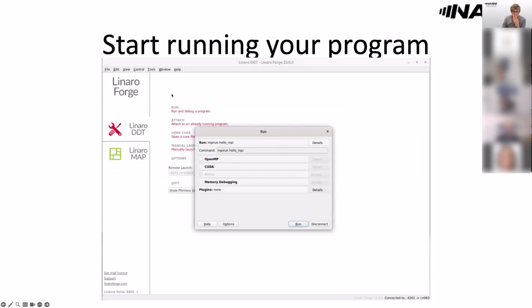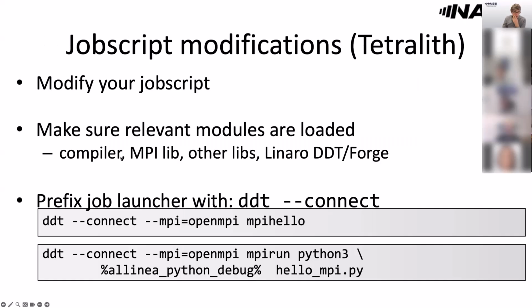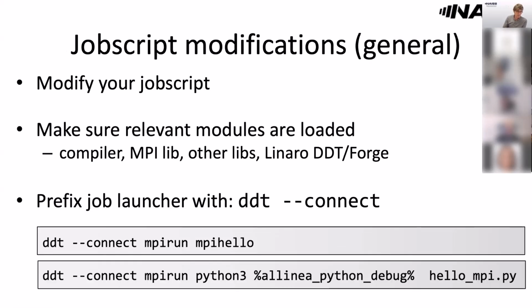Just a quick reminder, if you have an understanding of how stuff works. So in principle, perhaps I should just start this one. Here my executable is DDT, and that is what I'm running in the job script. And then you tell DDT, please use the job launcher MPI run, and the executable is this.